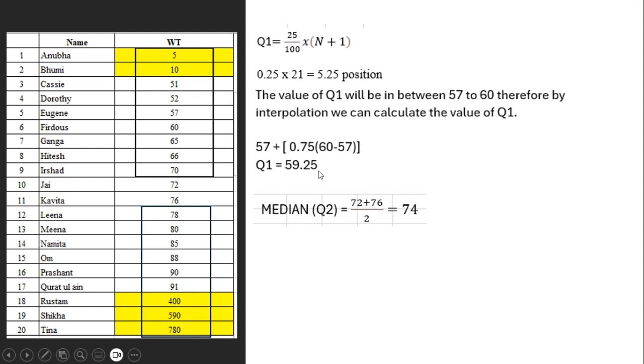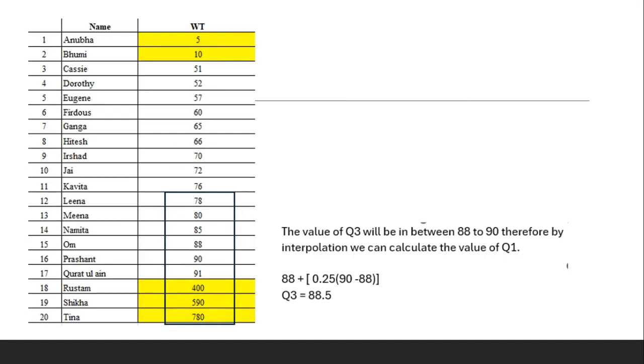What does that 59.25 mean? It means that 25% of the sample out of my 100% data set have values less than 59.25. Similarly, in our next slide, we will look into how to calculate the 75th percentile.